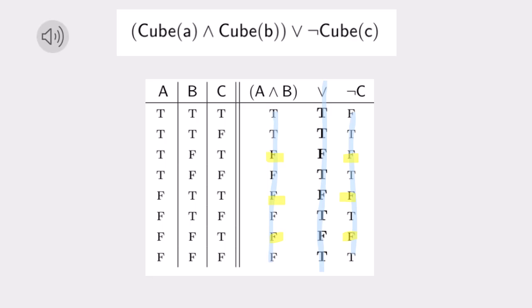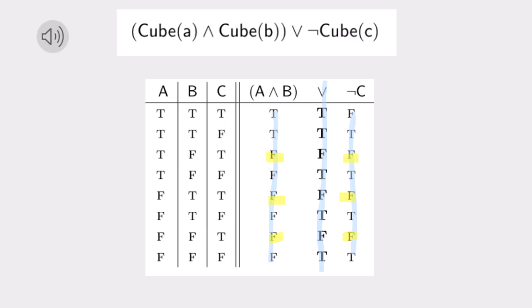And you can see that happening here where I've highlighted in yellow. So that third row, the fifth row, and the seventh row have a value of F for both A conjunction B and negation C. And so those would be the three places for the disjunction, that middle column we're filling out, where I would put an F.